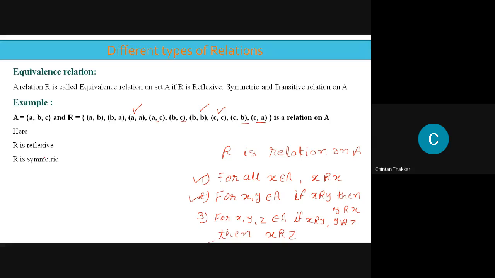Okay. Now, third, if x is related to y, and y is related to z, then x is related to z.